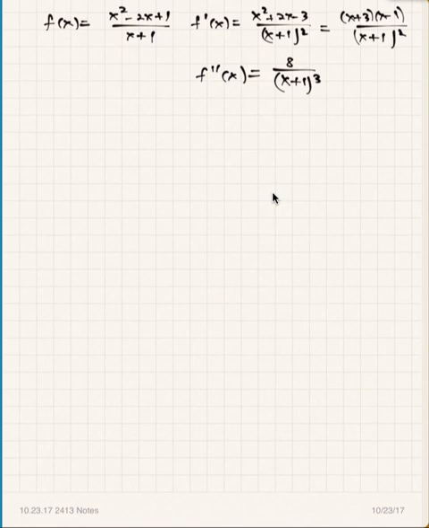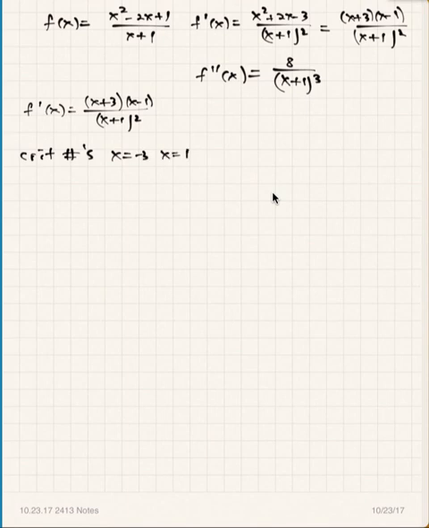All right, so let's go through our little sign analysis here. When we're looking at the derivative, f prime of x is x plus 3 times x minus 1 over x plus 1 squared. Now the critical numbers. From the numerator, we get x equals -3 and x equals 1. Those are places where the derivative is 0.